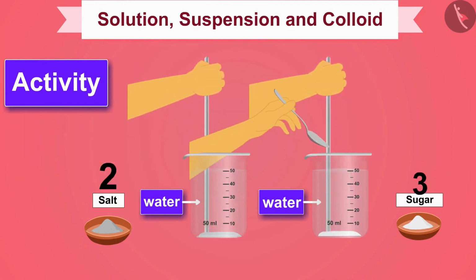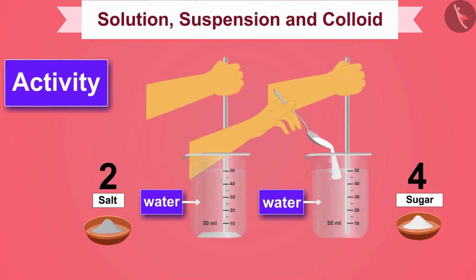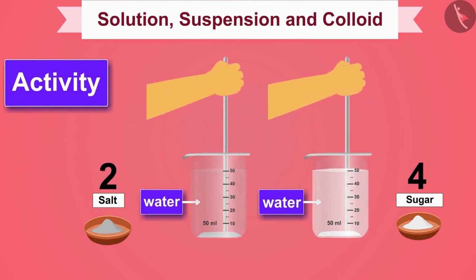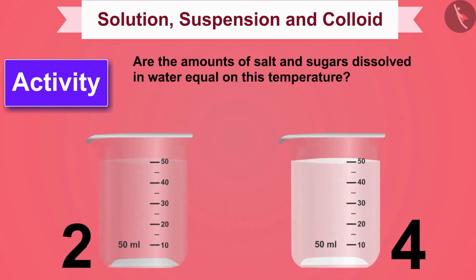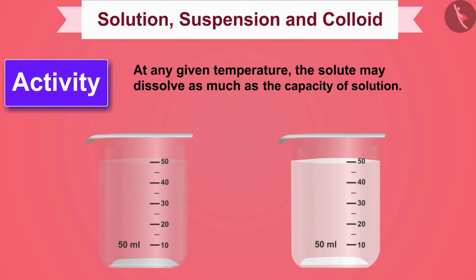Keep dissolving salt and sugar in both of these beakers until you cannot dissolve any more salt or sugar in the solution. Are the amounts of salt and sugar dissolved in water equal at this temperature? No. At any given temperature, the solute may dissolve as much as the capacity of the solution.